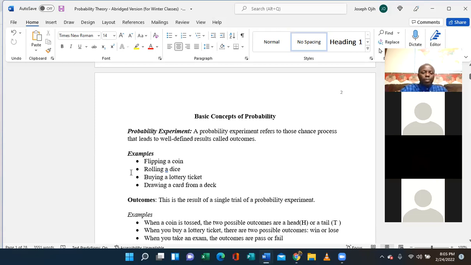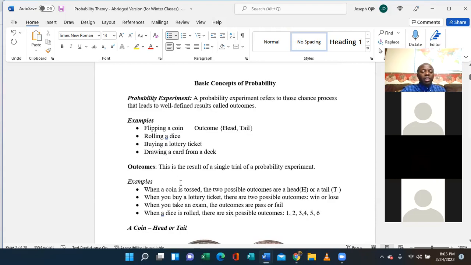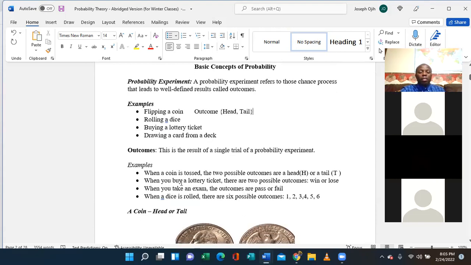For example, if you flip a coin, it is a probability experiment because the outcome will be either a head or a tail showing up.